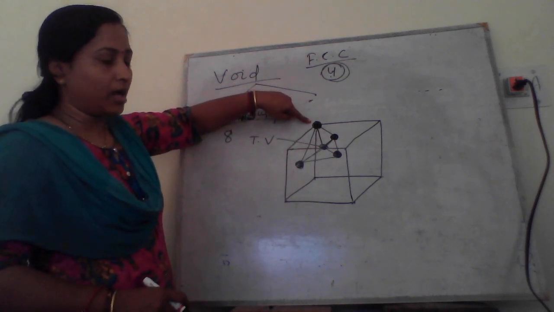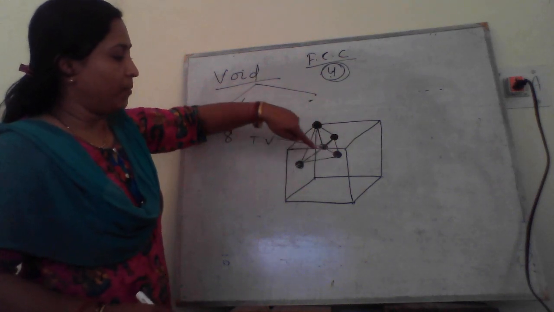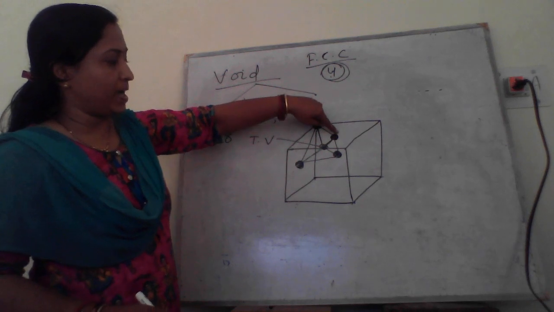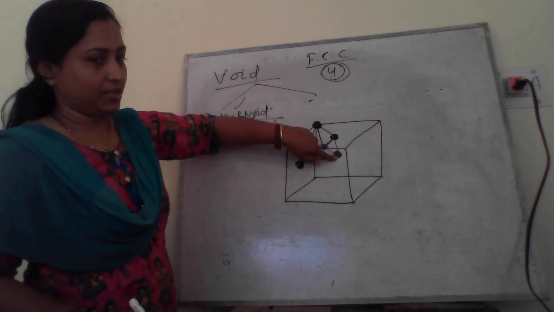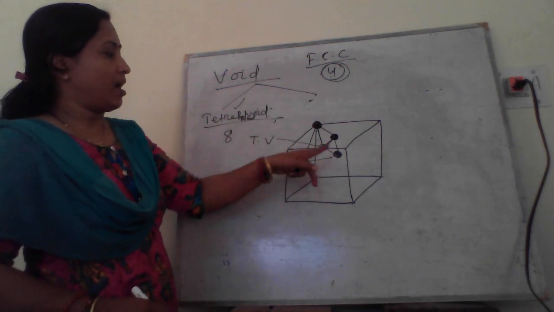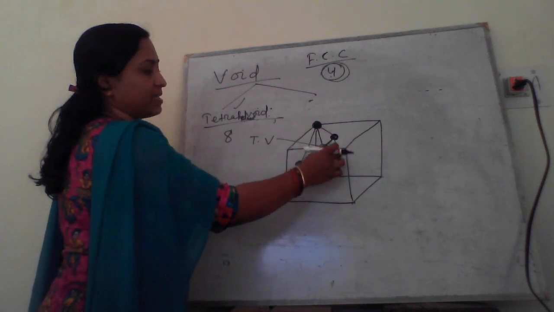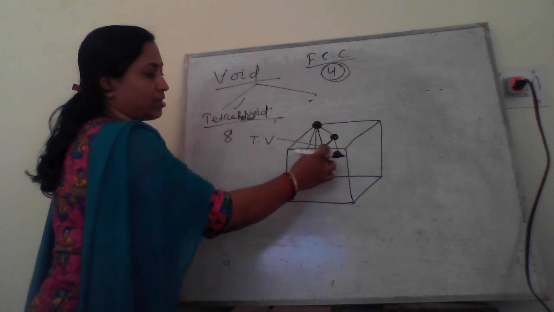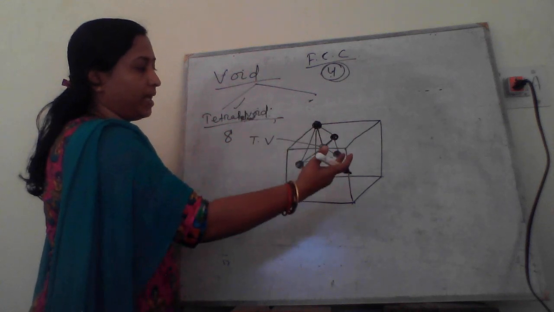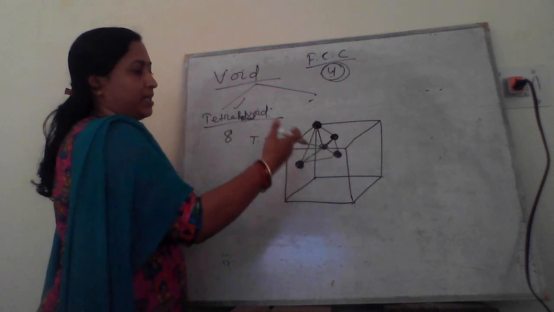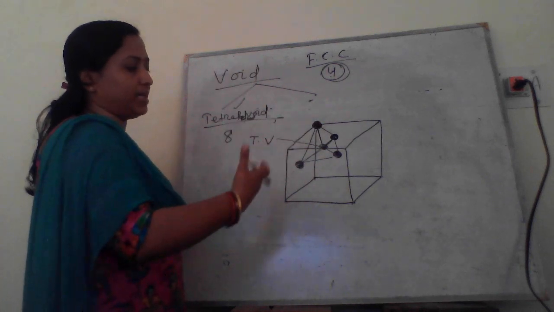One at the corner, 3 atoms are at the face centers. This face, and this is your back face. And when we join these 3 faces, a plane, these 3 atoms are present in one plane, and this atom is present above these 3 atoms.